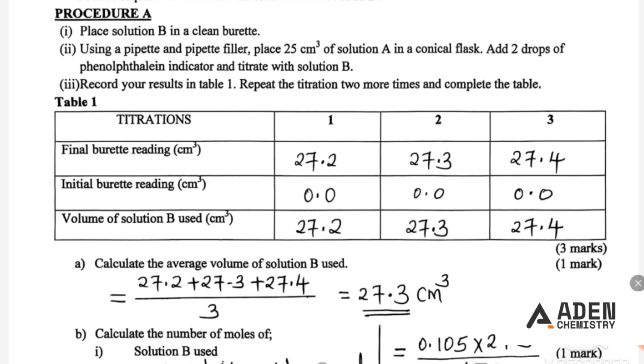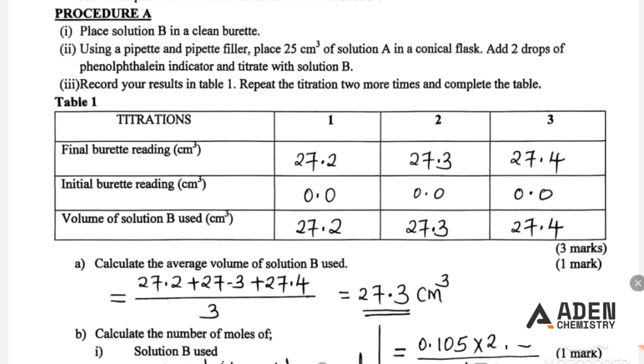So part A, we are going to have: calculate the average volume of solution B used. This part A must be asked and it carries 1 mark. So how are we going to calculate the average volume? First of all, we check our 3 titers, whether they are within the range of plus or minus 0.2. This one with this, it is within plus or minus 0.1.